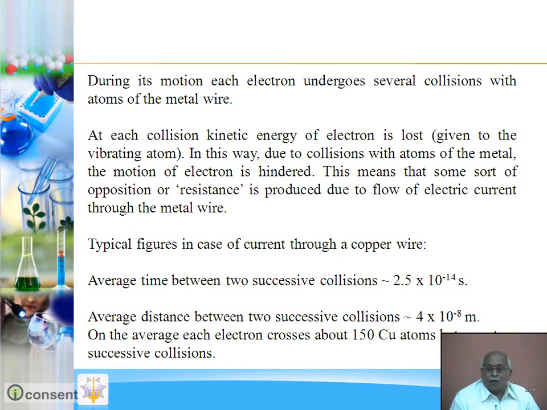No. Electron cannot move very easily. Why? Because it has to collide with copper atoms. During this motion, electrons have to collide. At each collision, entire kinetic energy of electron is given to the atom.